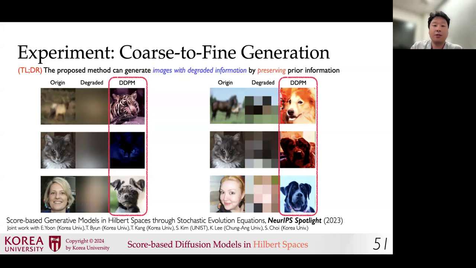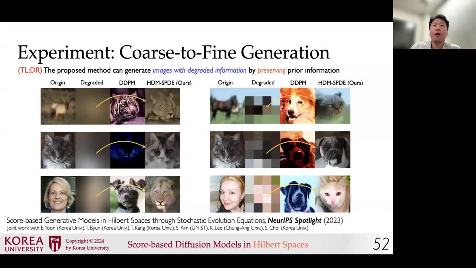The color distribution disappears, and the quality is not as good. However, the proposed method can generate samples preserving the prior information like colors, and it generates samples from the pixelated images better than the DDPM.